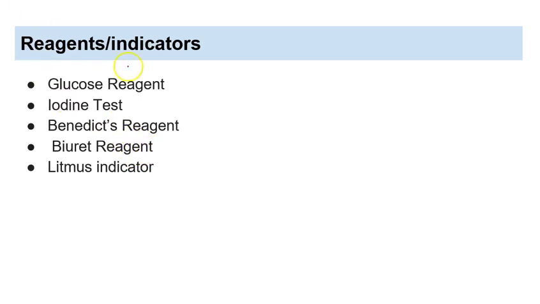The glucose reagent, the first one, which is super obvious, is going to test for glucose. The iodine test is going to be used for starch.